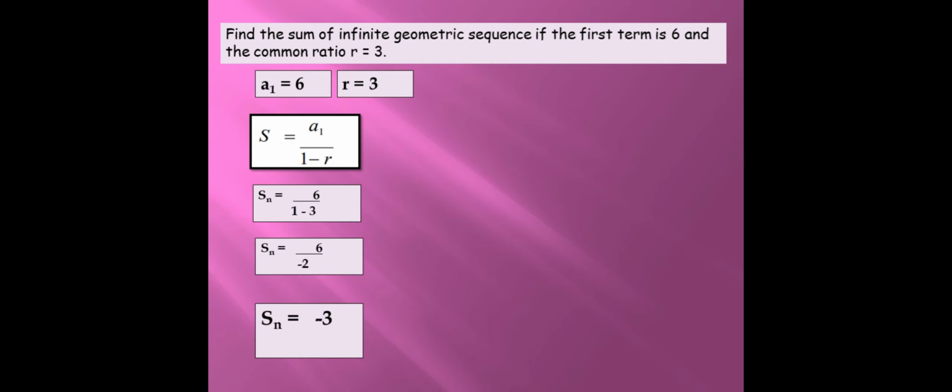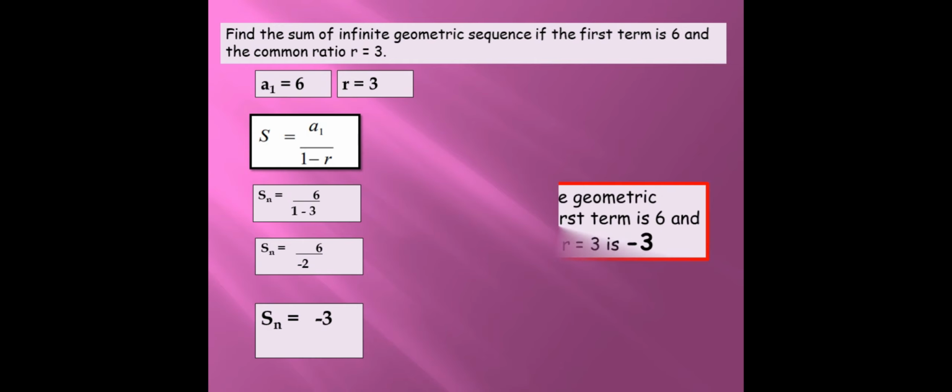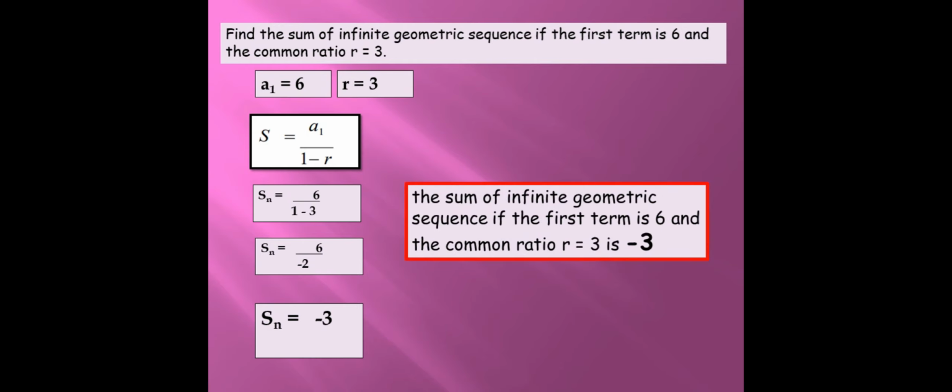So, we have now S equals negative 3. And so therefore, the sum of the infinite geometric sequence, if the first term is 6 and the common ratio r equals 3, is negative 3.